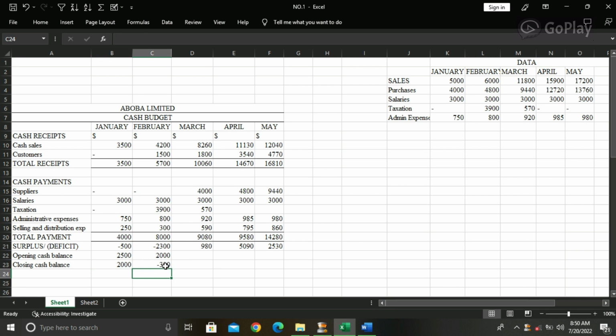Now, this minus 300 cedis as a closing balance for February becomes the opening balance for March. So I have minus 300. I'm going to add that also to get a closing balance for March, which then becomes the opening cash balance for April. So I'll sum to get a total. This closing balance for April also becomes the opening cash balance for May.